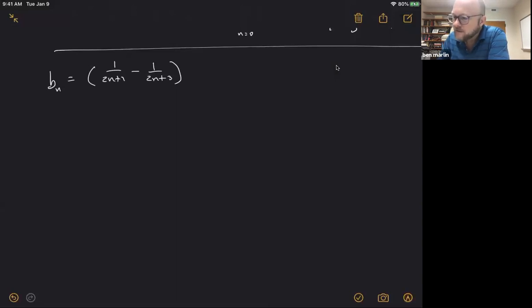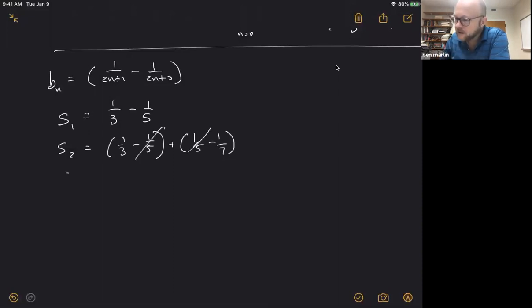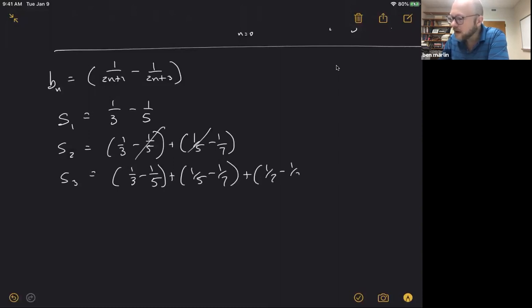So if you wrote out your first partial sum here, you would have 1/3 minus 1/5. But if you wrote out your second partial sum, it would be 1/3 minus 1/5 plus 1/5 minus 1/7, and you cancel those. Then your third partial sum, you'd have 1/3 minus 1/5 plus 1/5 minus 1/7 plus 1/7 minus 1/9.